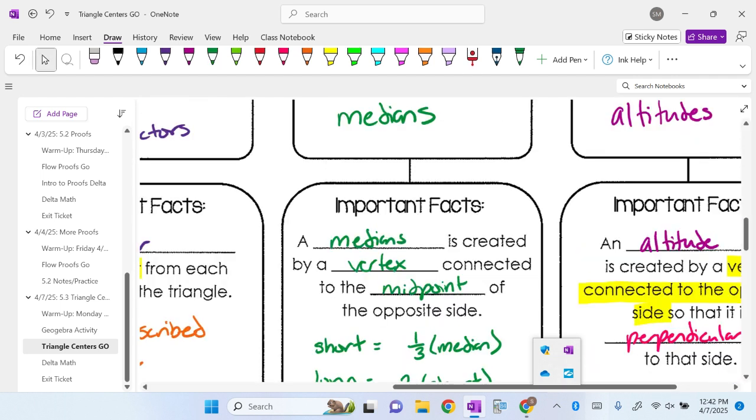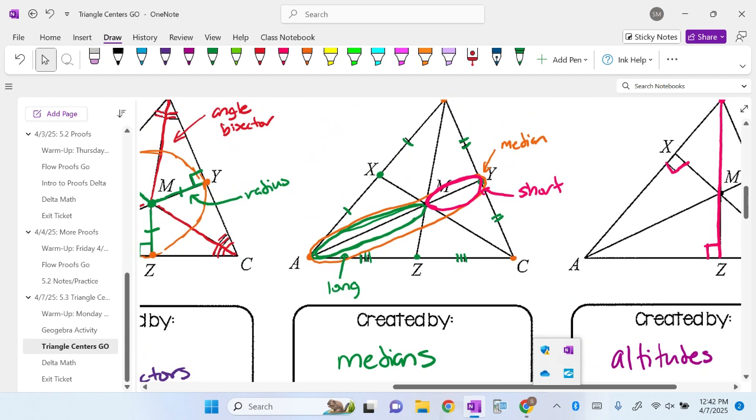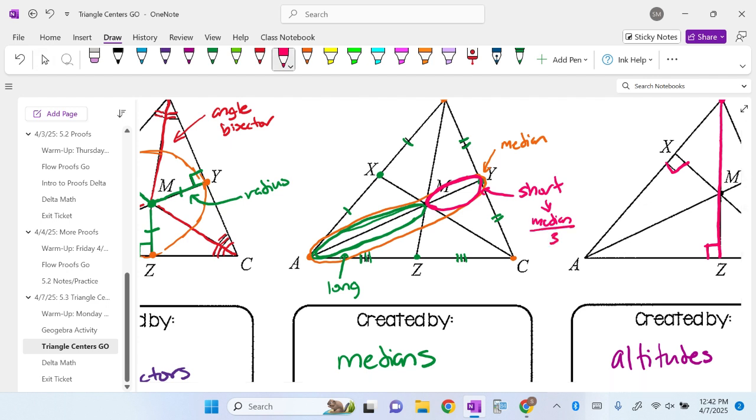All right. So again, to find, say, the short, you would just take the median and divide it by 3. To find the median, you would take the short and multiply it by 3.